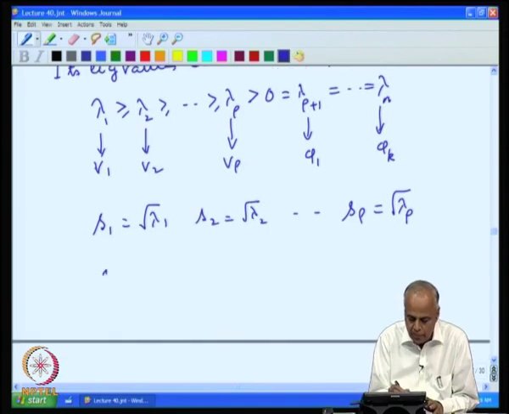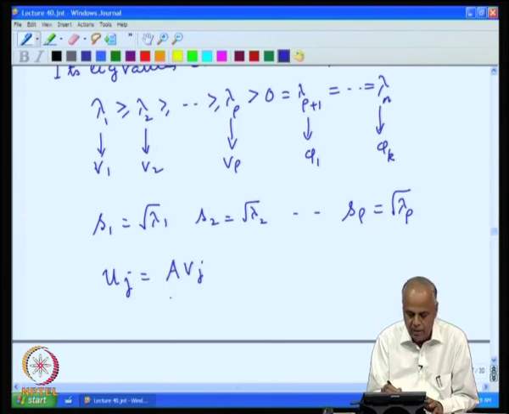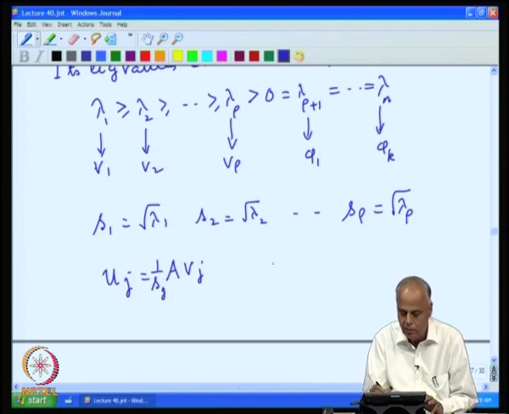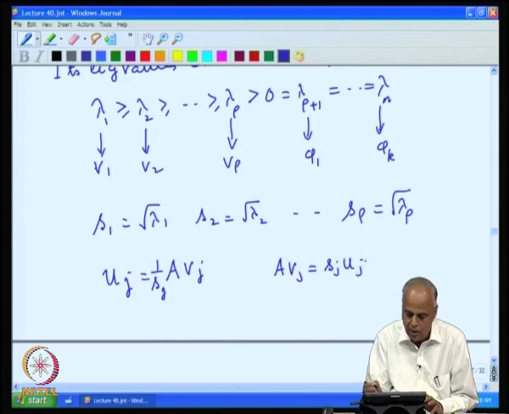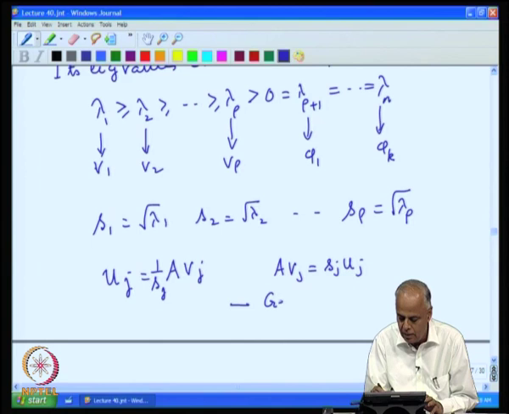Then we define U_j to be A V_j divided by S_j, so that A V_j becomes S_j U_j, and from this we can also get A transpose U_j is S_j V_j.